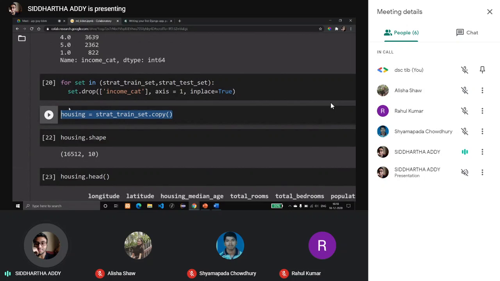That's why I copied the training set into a variable, and we are going to use this variable throughout our entire project, because we are not going to mess with the original training set. We are going to make a copy and then do whatever we want with the data set, because it's kind of safe.